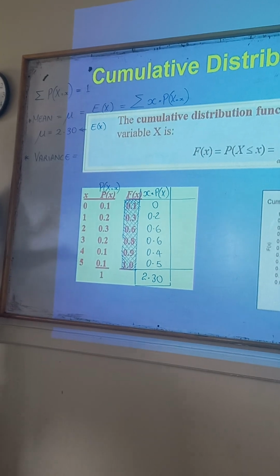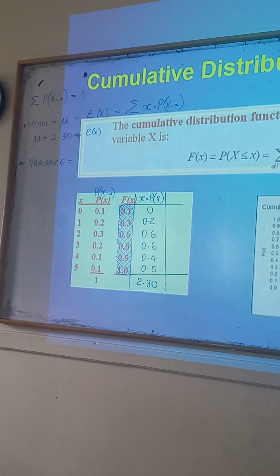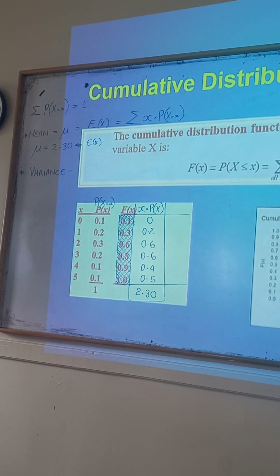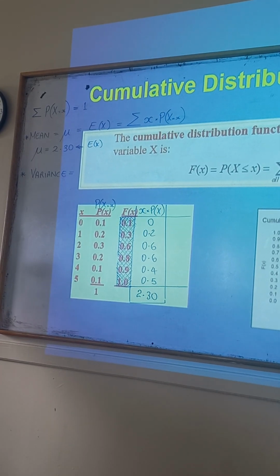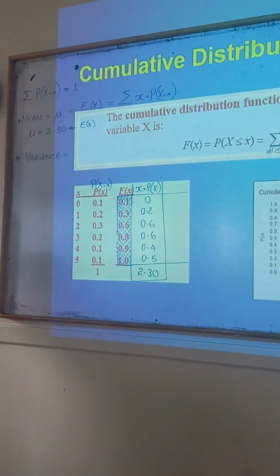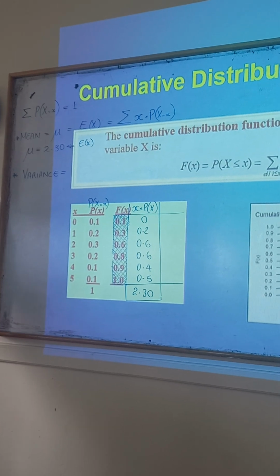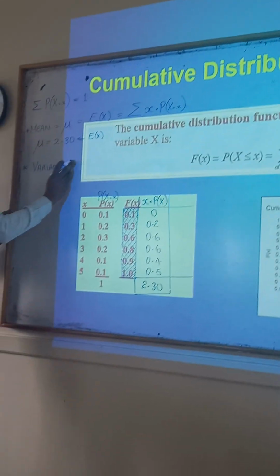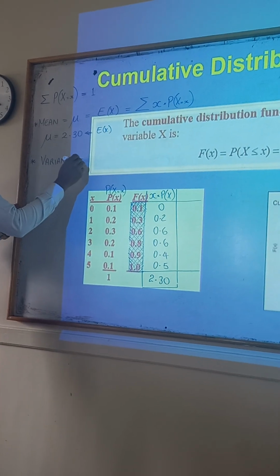As we said earlier about the variance, it's the average of the squared deviation from the mean. The average of the squared deviation from the mean.